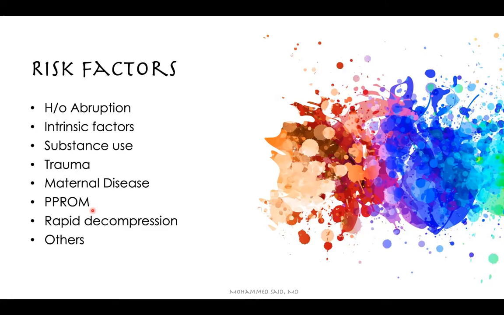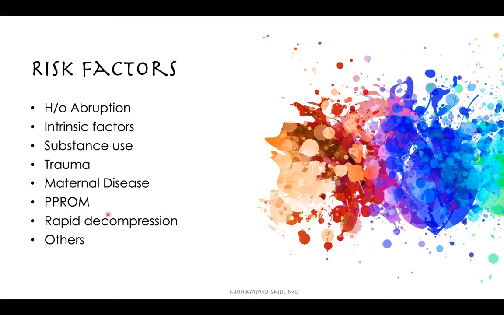With PPROM, with rupture of membranes, cytokines and proteases are going to be released, and they're going to damage the decidual vasculature, causing the placental abruption. So it's hard to tell if it's a cause or a result. We obviously don't know.